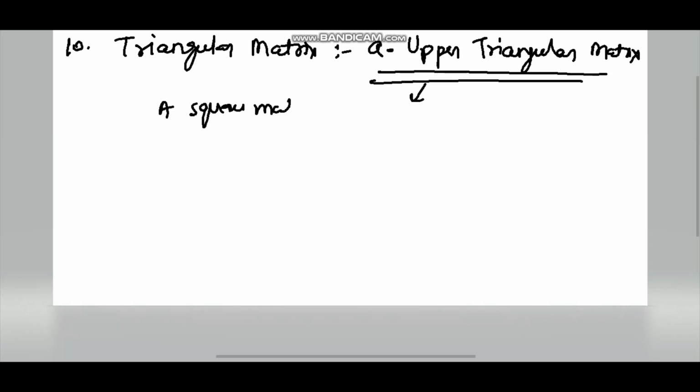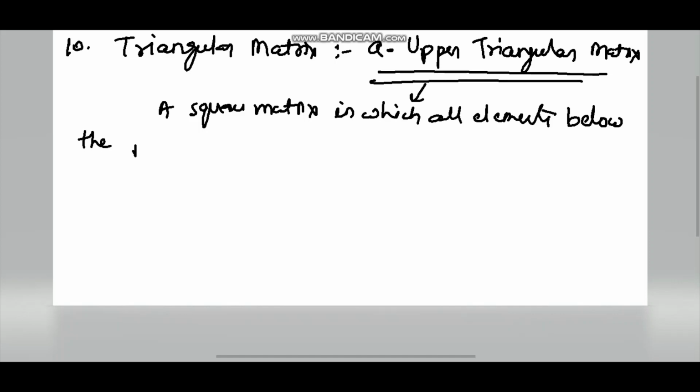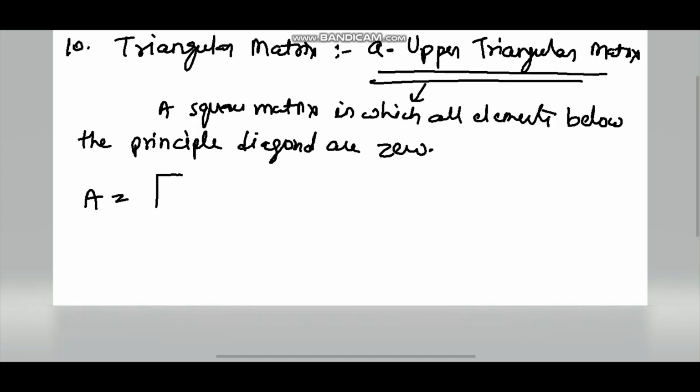A square matrix in which all elements below the principal diagonal are 0 is called an upper triangular matrix.